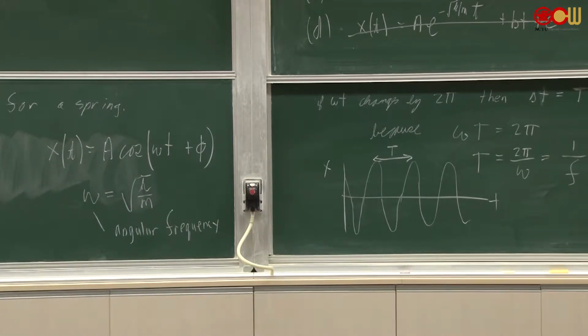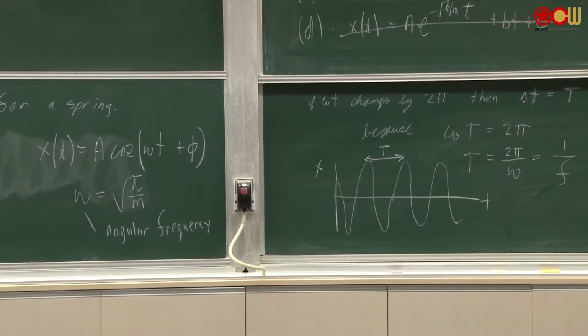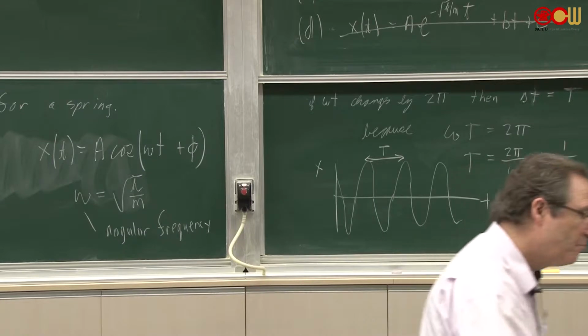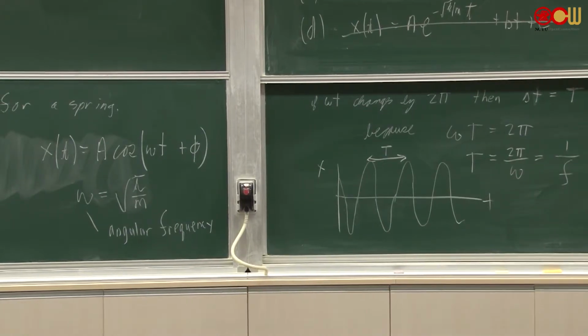Sometimes you have to be given the initial value of x and v in order to get both A and phi. So A and phi come from knowing the initial value of position and velocity.